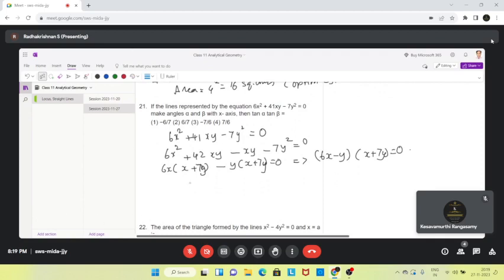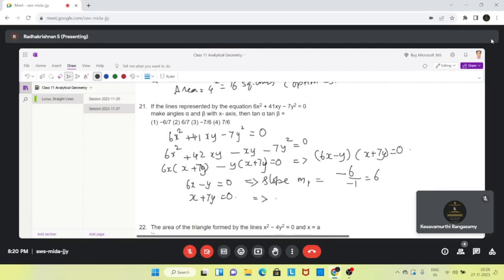That means the two lines are 6x minus y equal to 0 and x plus 7y equal to 0. Okay, so what is the slope of this line? Minus a by b.